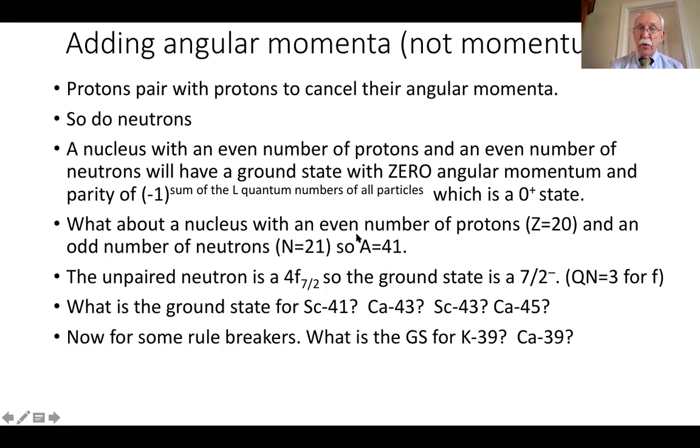That's an odd number, and so we take -1 to the sum of all the orbital angular momentum quantum numbers of all the particles involved. Well, if you've got 2 of them, it's always even. So it's only the leftover ones. That will be 1, or it'll be 3 for our F state, and -1 to the 3 power is negative. So we have a 7/2 negative state where the quantum number is 3 for the F.